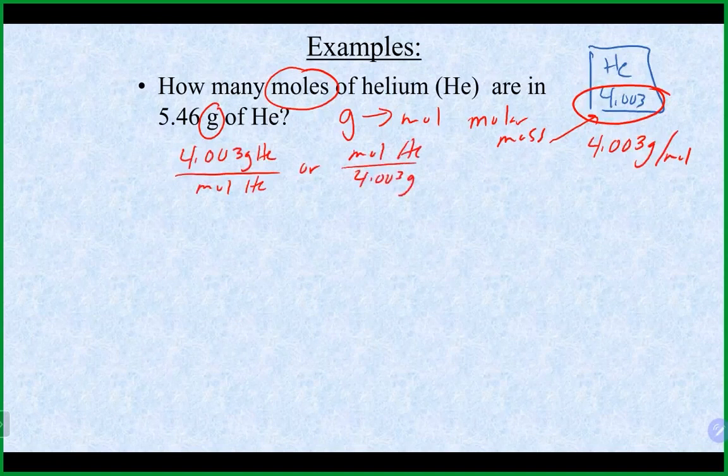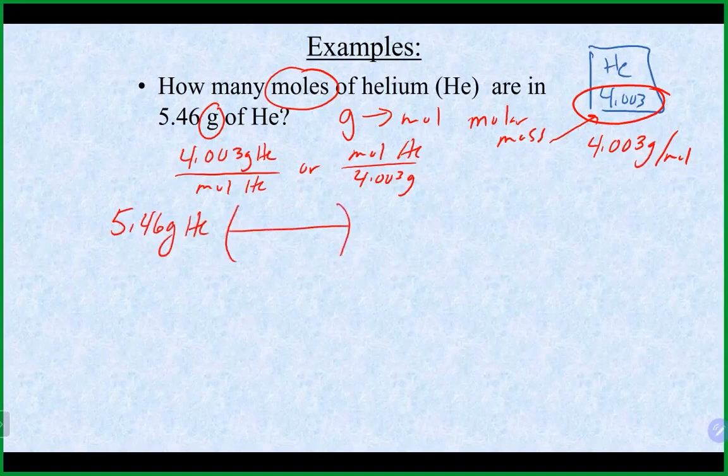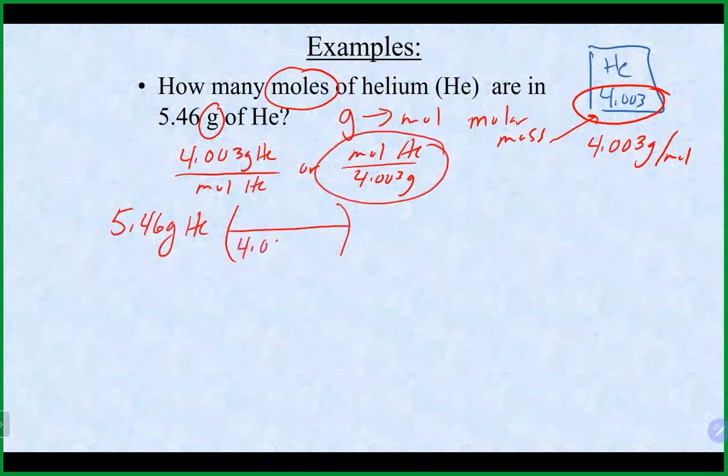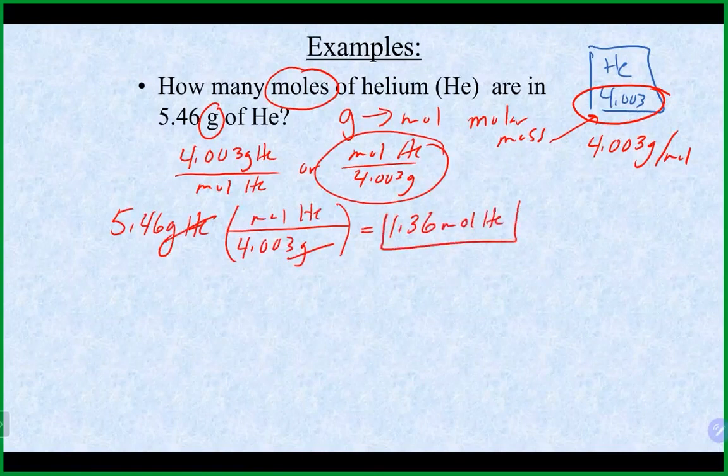So we're going to start with our 5.46 grams of helium. We want to put the grams on the bottom so that they cancel. This gives us 4.003 grams per mole of helium. The grams cancel, and that leaves us with 1.36 moles of helium.